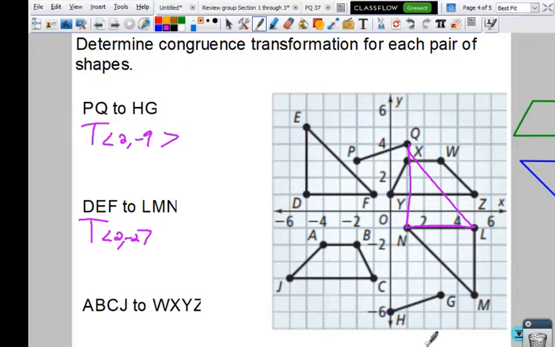Now you reflect over x equals 1. So reflect it over x equals 1, which makes it flip. Wait, no, I wrote it wrong. Actually, hang on. Okay, what's your last step?